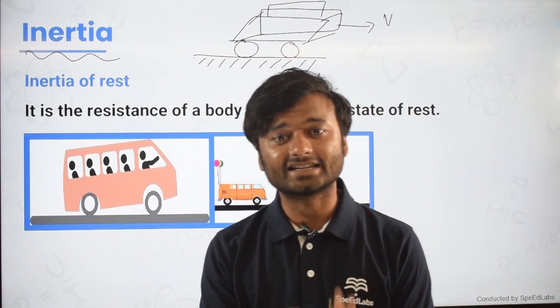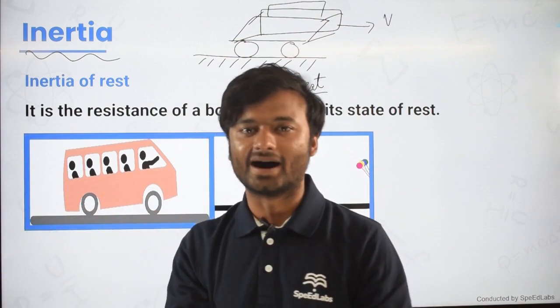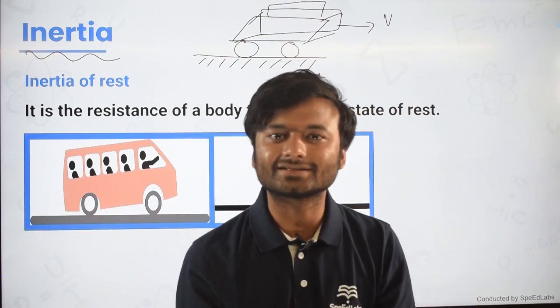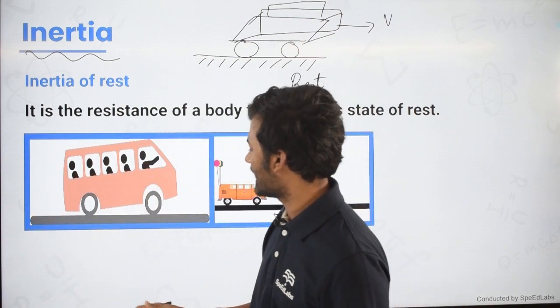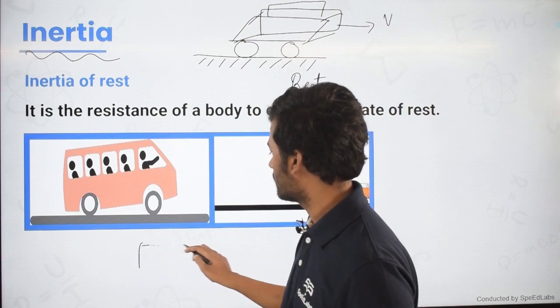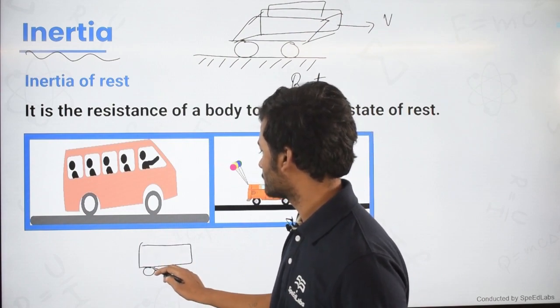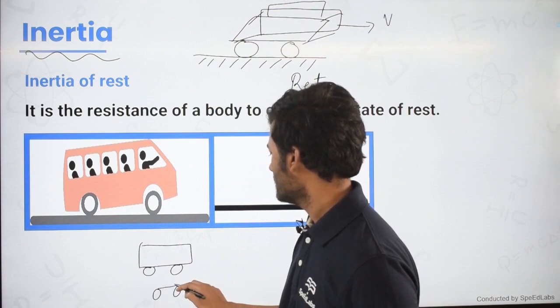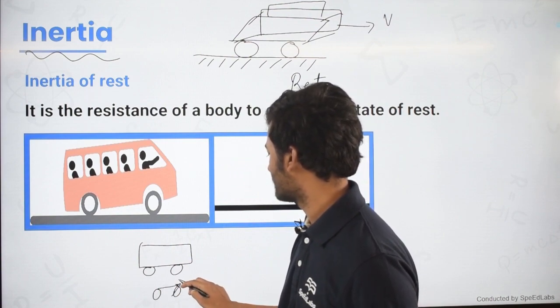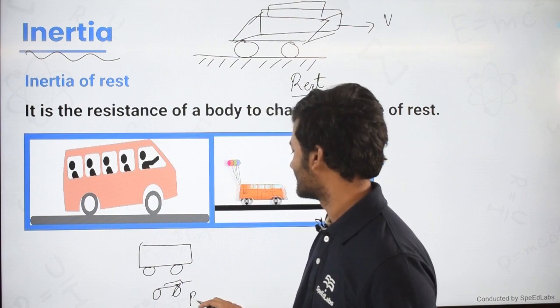Now inertia directly depends on mass. The higher the mass, the higher the inertia. You have seen this in your practical life. Like I have a truck of certain mass, and on the other hand I have a bicycle.